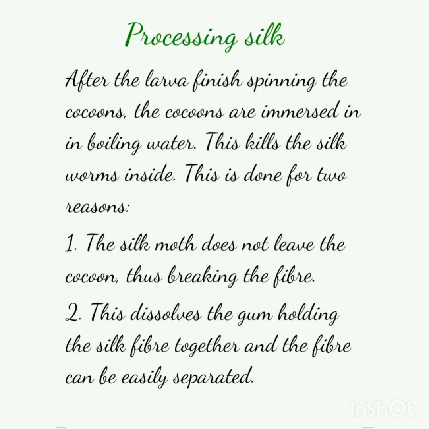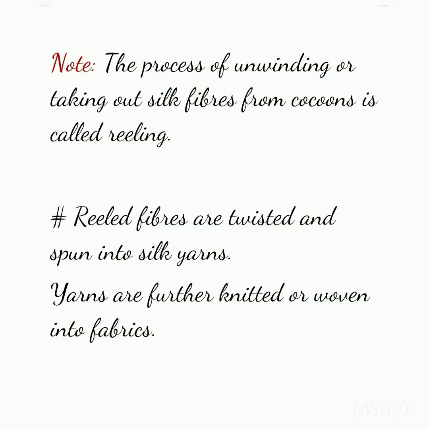Otherwise, the silkworm will break the cocoon to come out. And the second reason is to dissolve the gum holding the silk fibers together so that the fiber can be separated easily. This process of obtaining silk fibers from the cocoons is called reeling.